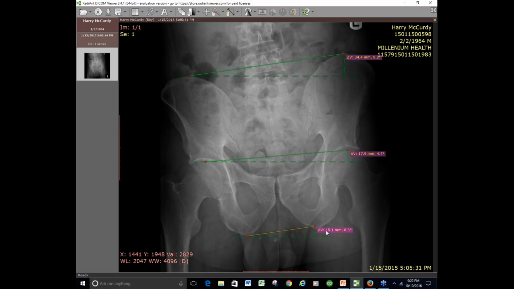So basically 15.1 millimeters down here equals 34.4 millimeters up there, because this line is twice as long as this line is. And that's just Pythagorean theorem. You can see these are right triangles that we're drawing here.